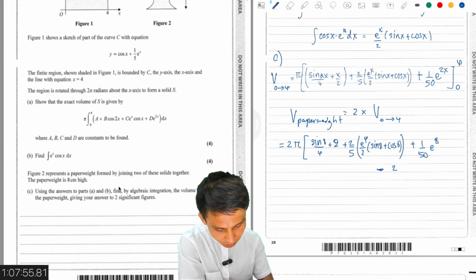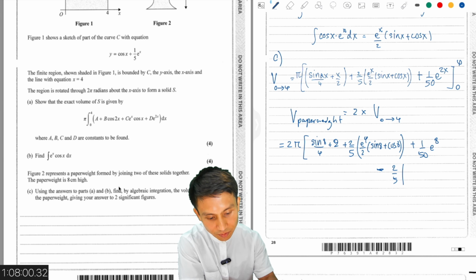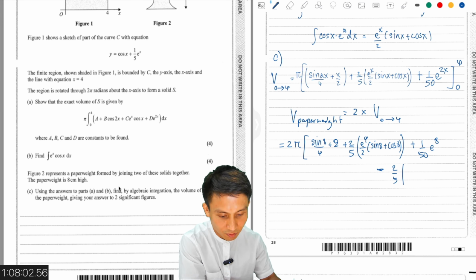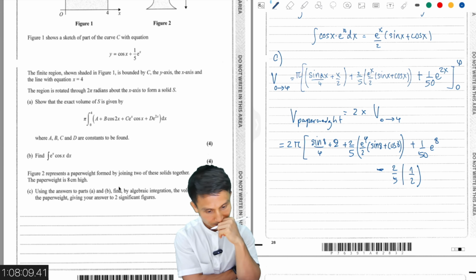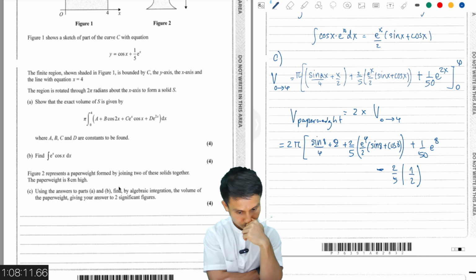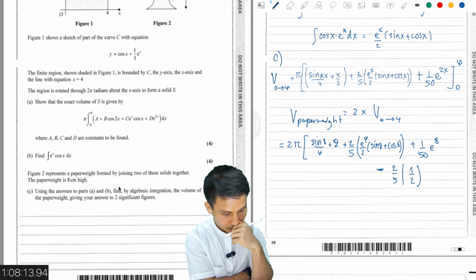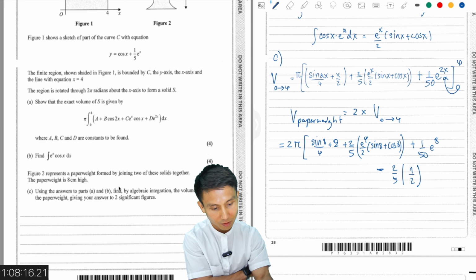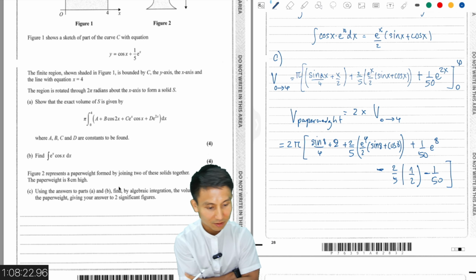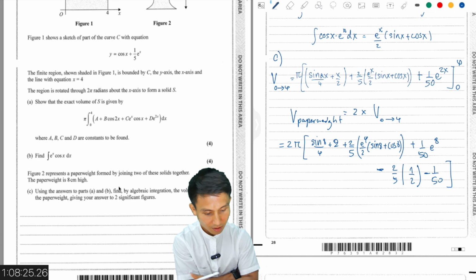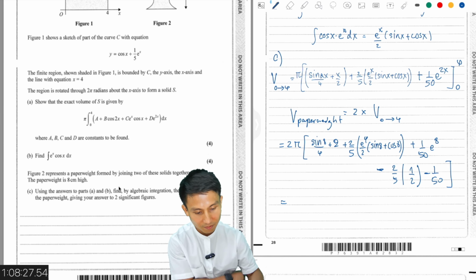So it's just 2 over 5 there, and this sine will disappear. So cos 0 is 1, so that's just 1 over 2 there for that term. And the other term, 0 subbing in there, we also get 1. So that's another minus 1 over 50, because it's a plus but it's subtracting, so it's a minus. Okay, that's everything. We just simplify that.